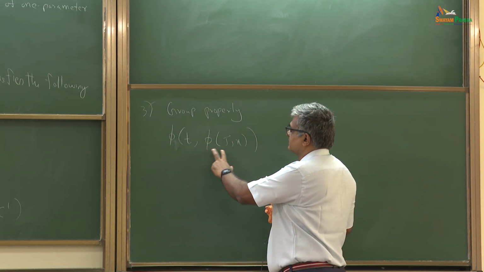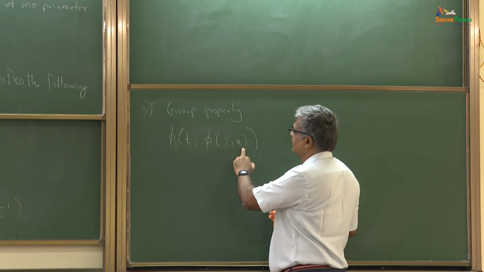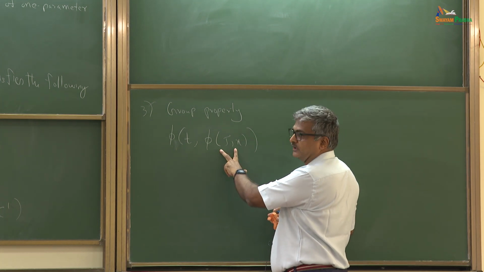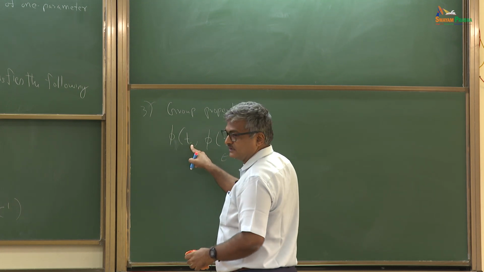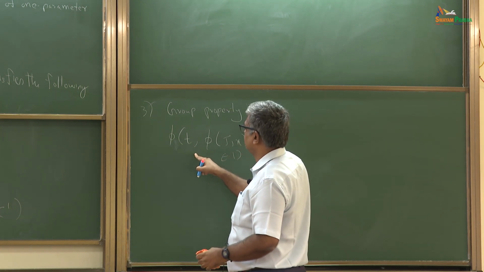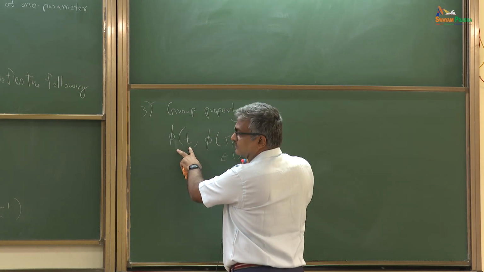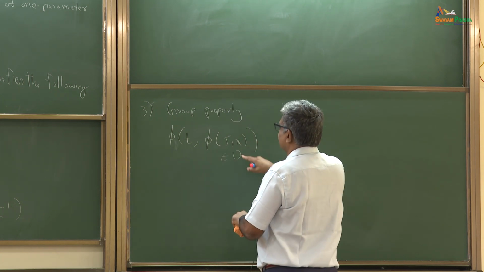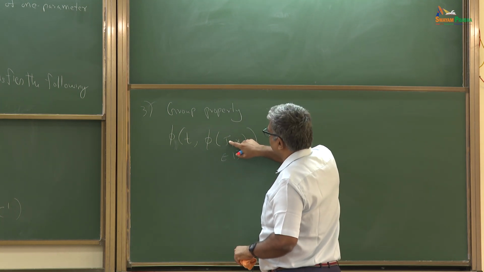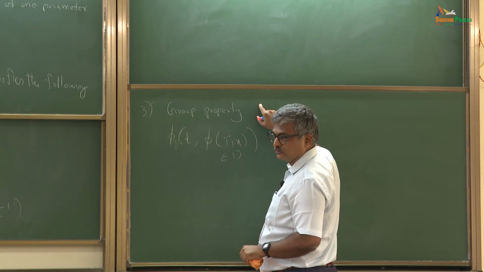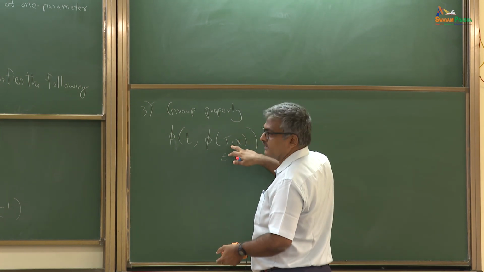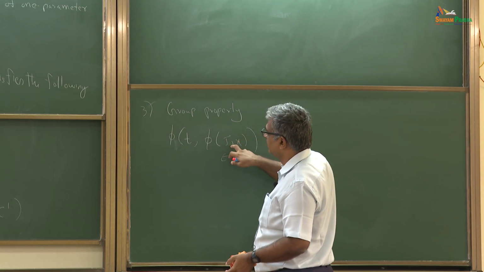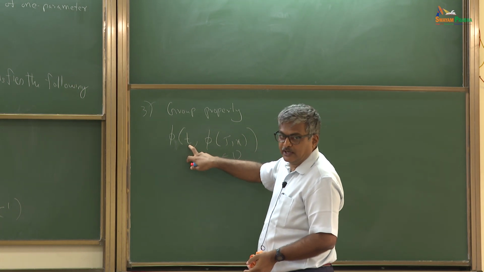Remember what is this map? You supply an x and t, it will give you a point in D, right? This is still in D, and this is in the 0 infinity interval, right? So this is again another flow, right? So what it says is that you start with x, then evolve up to tau time, you stop somewhere in D, and then you treat that as the initial point and you evolve for time t, right?